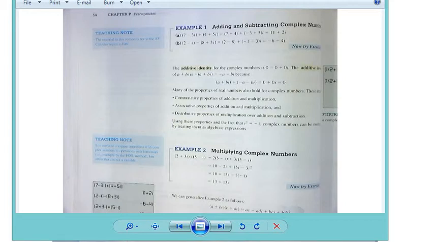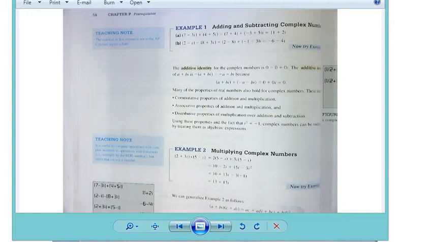So let me write this down on a piece of paper. Right out of the textbook it says 7 minus 3i plus the quantity 4 plus 5i, and then we need to solve that, and then the next one is b, and that's going to be the quantity 2 minus i minus 8 plus 3i.